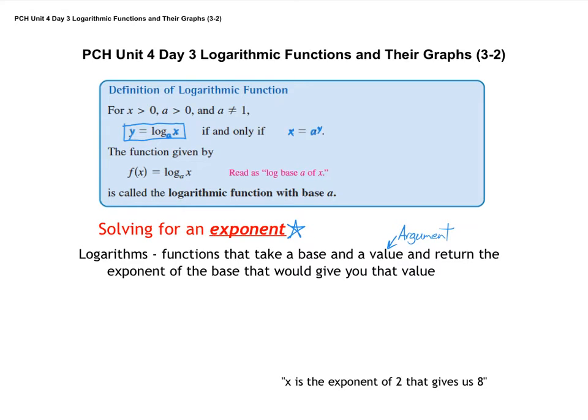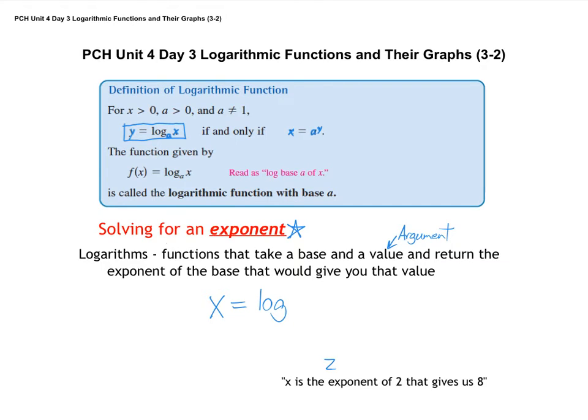For example, down here, if you notice, it says x is the exponent of 2 that gives us 8. Alright, so if I were to translate this into an equation, I would say that x equals the exponent. If x is an exponent, that means I must be taking a logarithm.